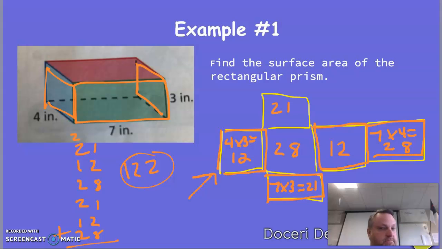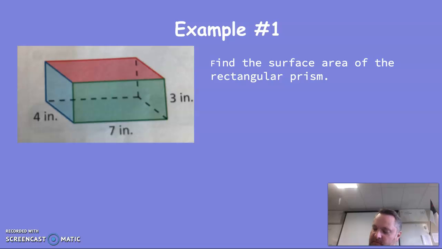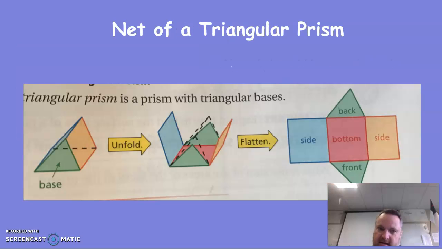Okay, so we unfold. Let's look at what if we had a triangular prism. You're going to unfold it as well. So you start off with the left and then you unfold it. Instead of a cross like the last one, this one's going to turn more into what's like a rocket or an airplane shape.